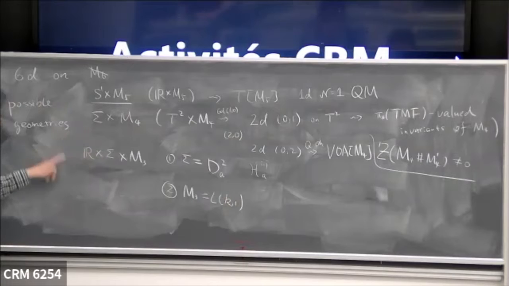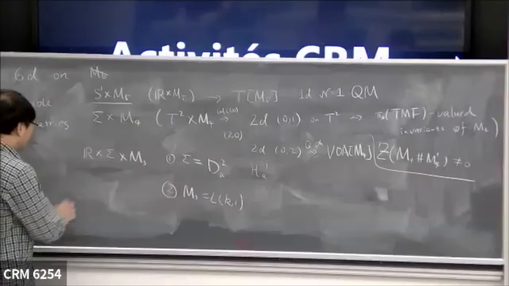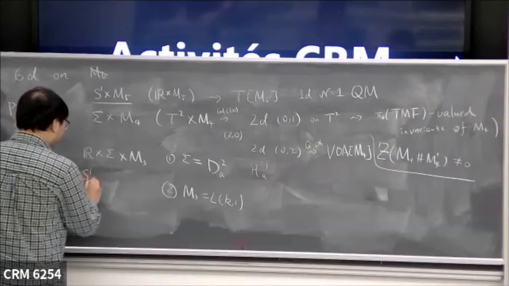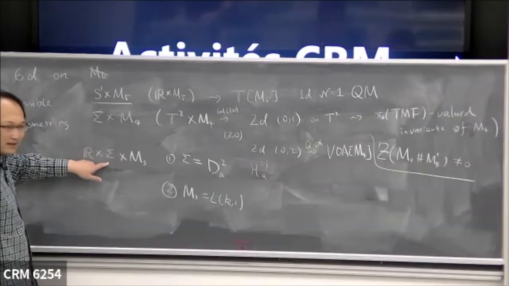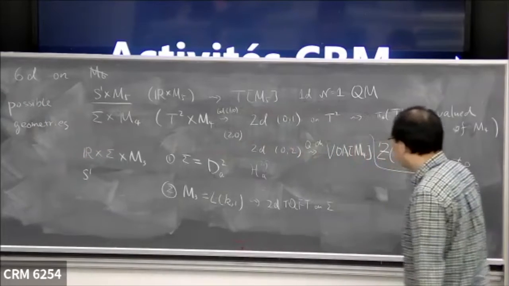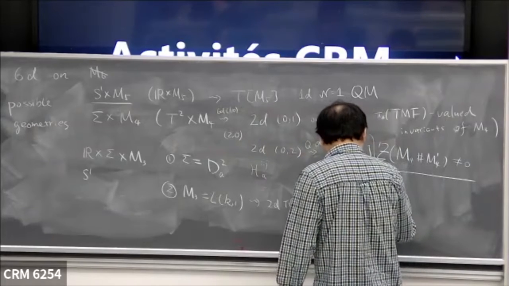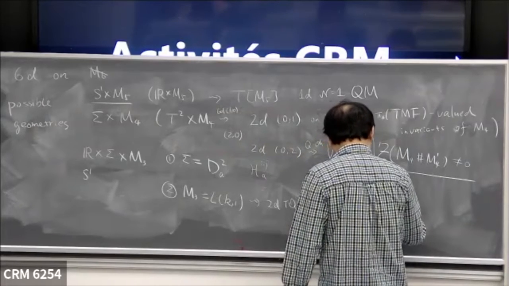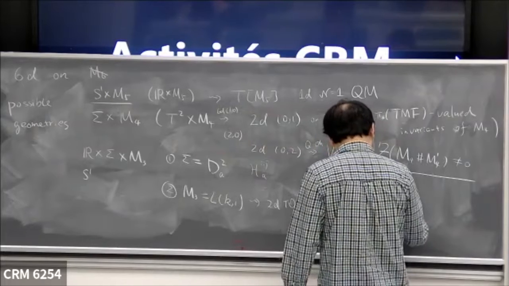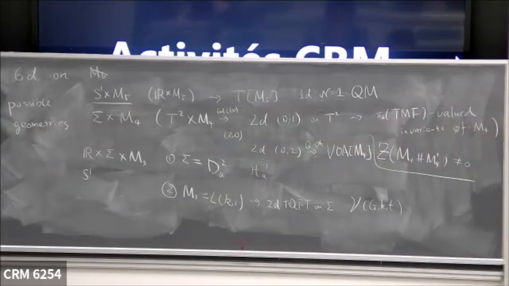I can take the Witten index, or equivalently, I just take this to be S1. And then I get a 2D TQFT on sigma. And the statement is that this is exactly the deformed Verlinde algebra that we have. So let me end here, and tomorrow we'll explore a bit more possible geometries and connection with VOAs.